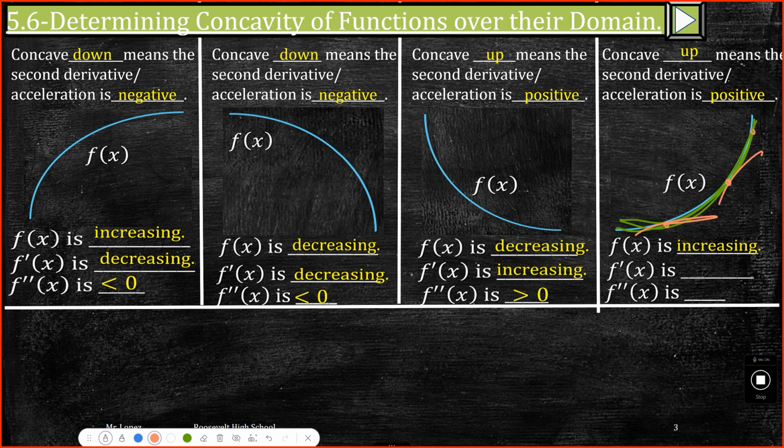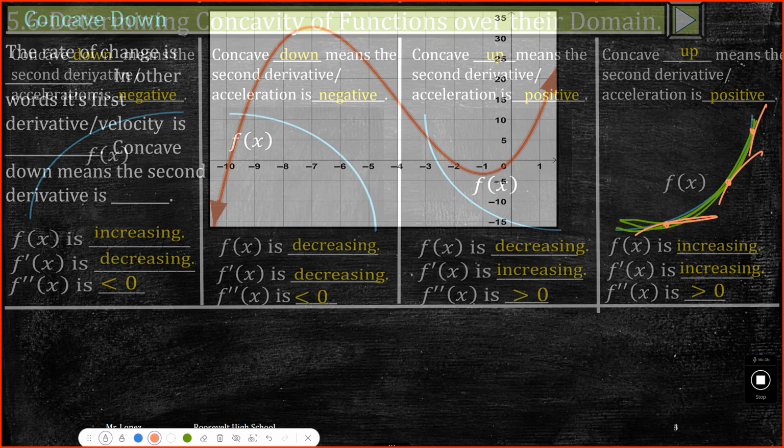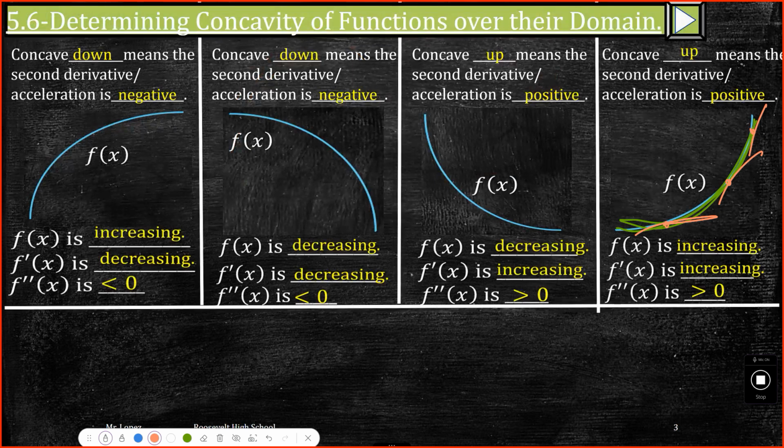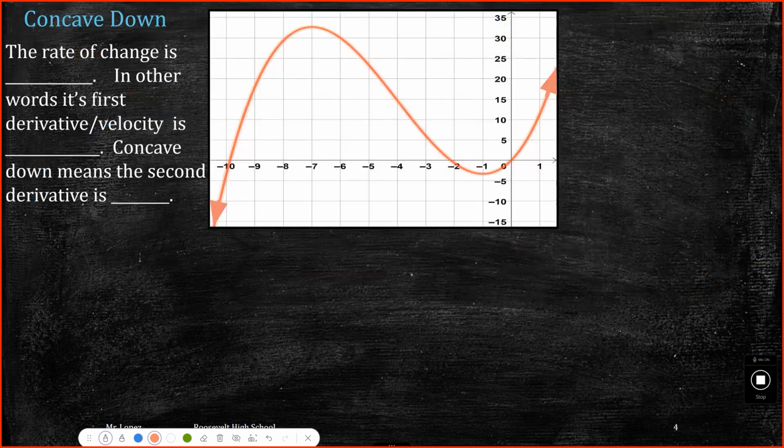They're also increasing. F prime of x is increasing. All the slopes are positive and they're increasing. And f double prime of x is greater than 0, or positive. Concave up is positive. Okay. So let's take a look at a graph, no?